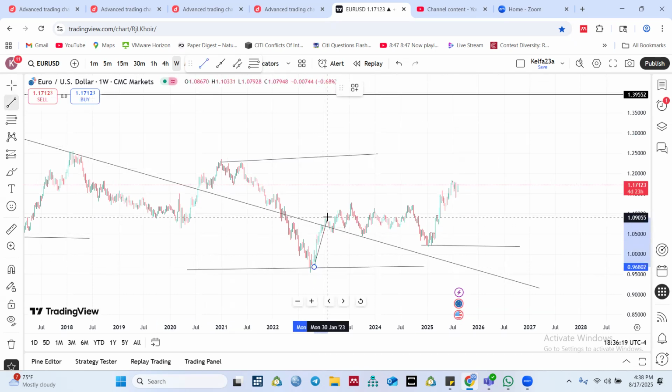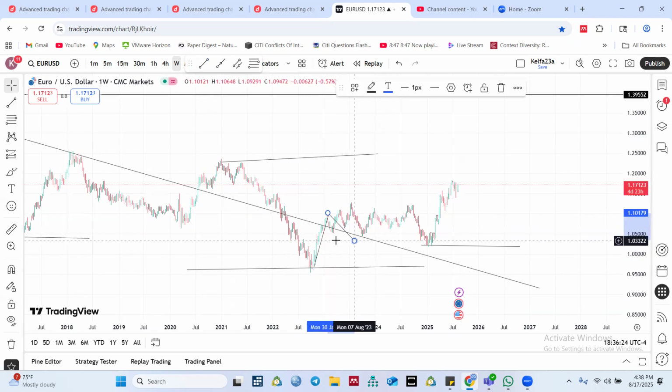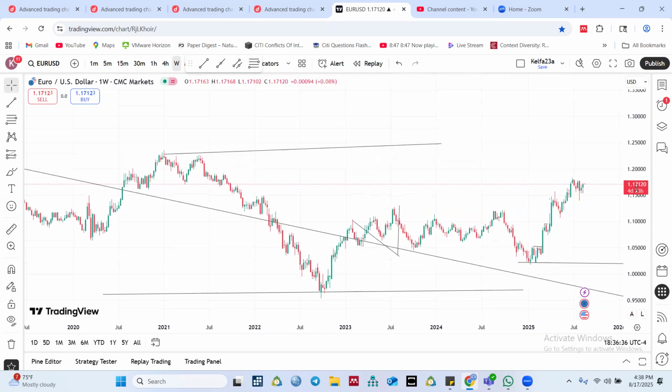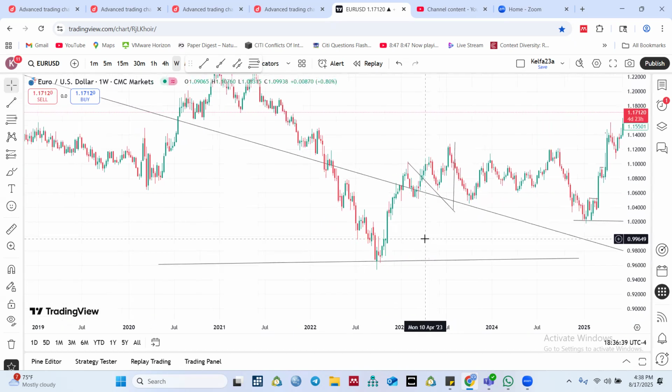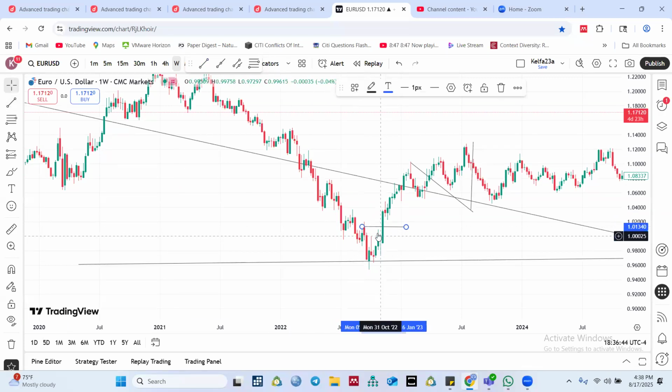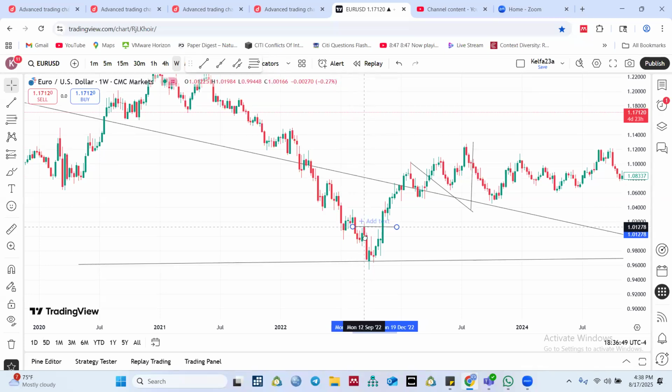Now, this move that is going up here is giving us what we call a corrective movement. So why are we bullish? We are bullish because this is the last high, which broke this low and gave us this last low point here.